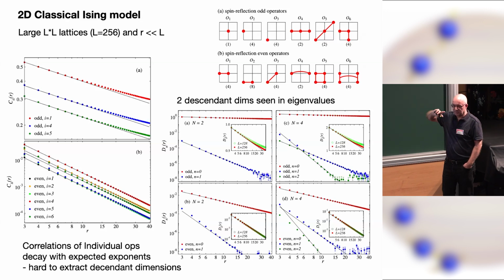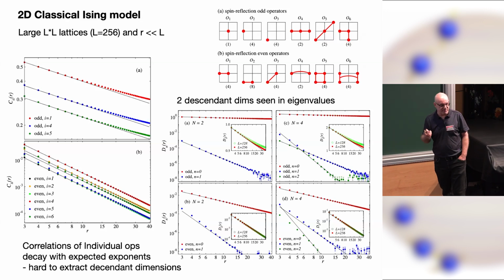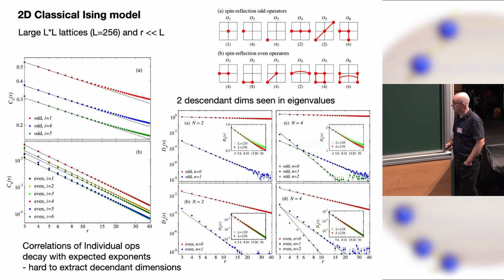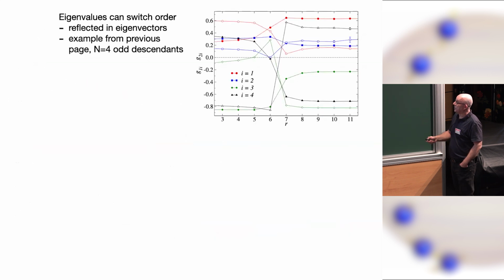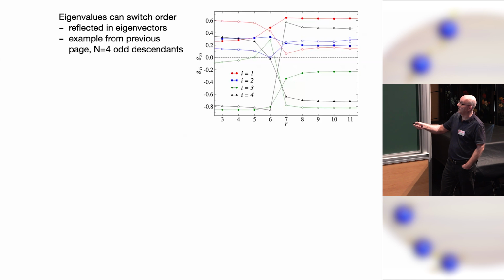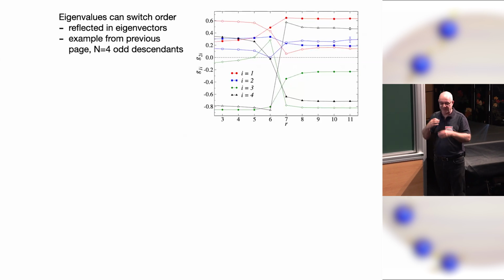So there's a swapping of the order of the eigenvalues that happens along the way. And if I look at the eigenvectors corresponding to these eigenvalues, you indeed see that something crazy happens in the region where they are very close to each other.